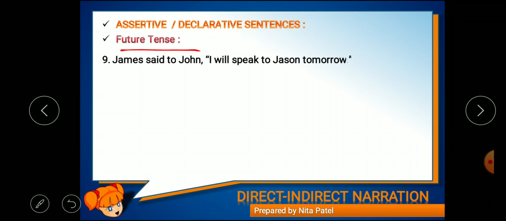James told John that I will convert into he because James is our subject. So James told John that he would speak to Jason.